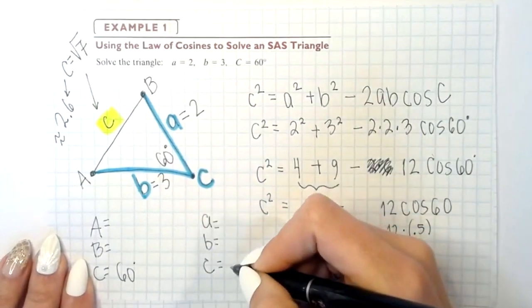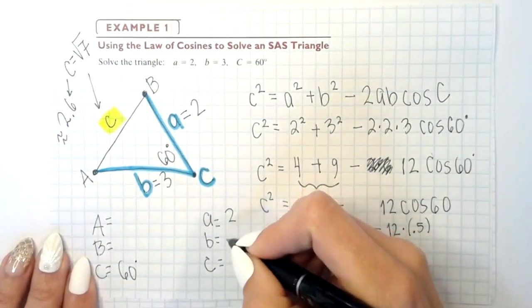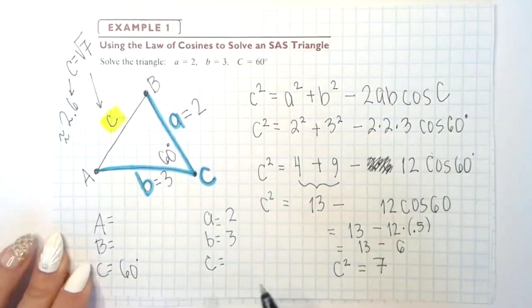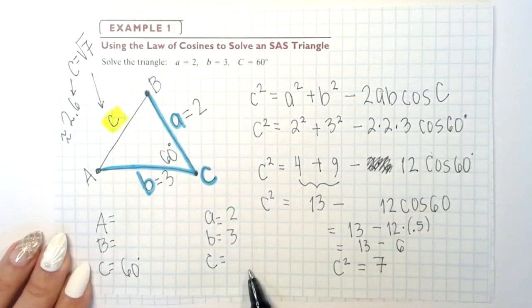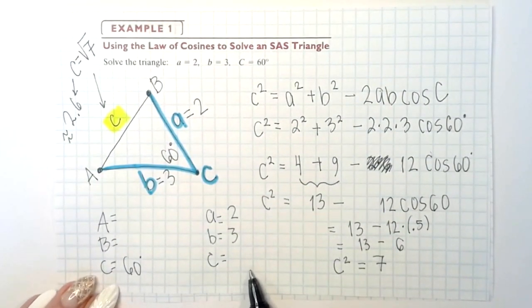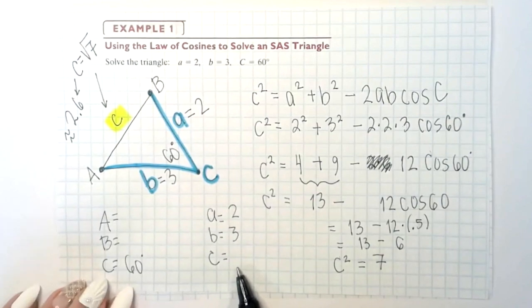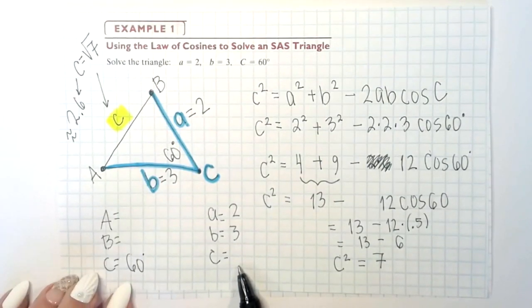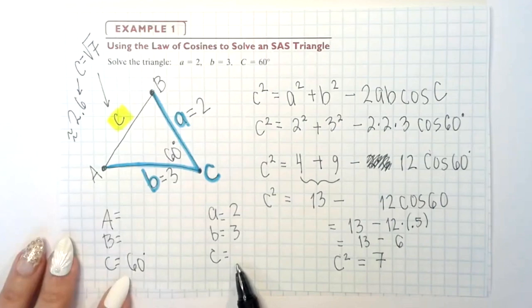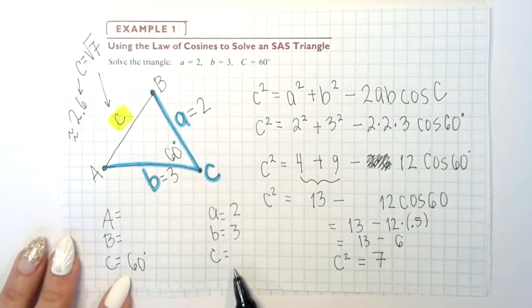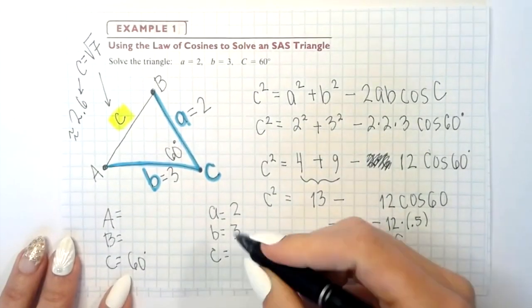Now, I should have written out my list of A, B, and C from the beginning. This should have been done, but I'm doing it now. You see in the original information, I did not have the pair of letters that would allow us to do law of sines. That's why I had to use law of cosines.